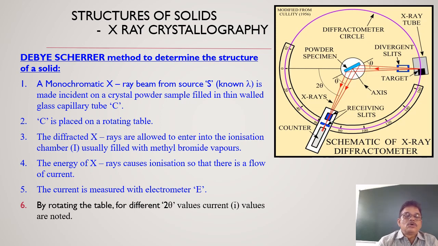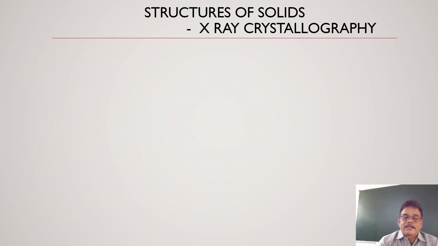So the energy of X-rays causes ionization, so that there is a flow of current. The current is measured with electrometer E. By rotating the table for different 2 theta values, I values are noted.